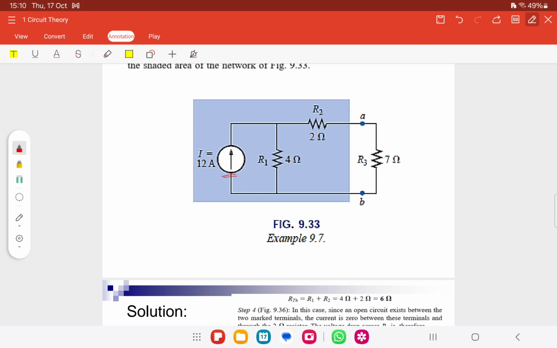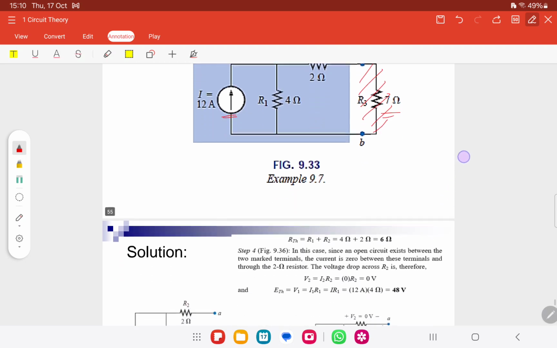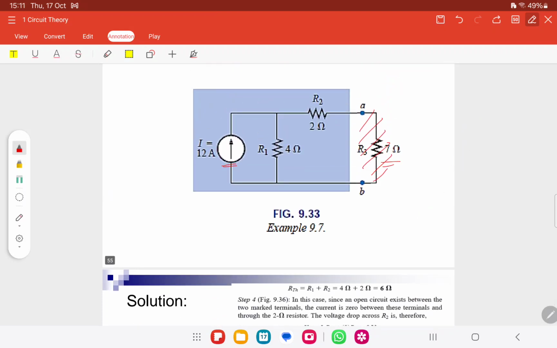Remove, apa yang nak remove? R3. So R3 remove dulu. And then what happened to this 12 ampere? Short circuit. Jadi tak ada. Kan? So now we want to get the RTH. RTH dia berapa?